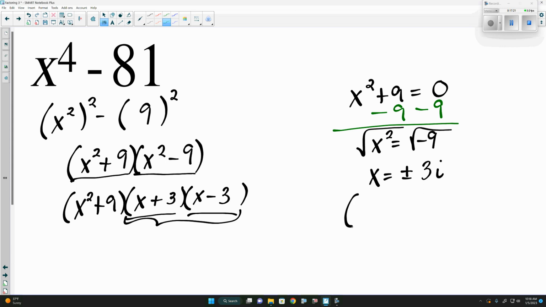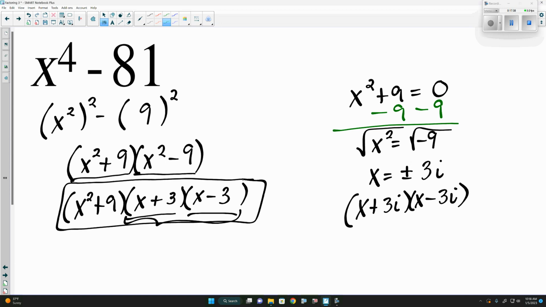It would be different, so it would be x plus 3i times x minus 3i if we were to factor it. But to get there, we almost have to solve it and then go back to the factors. So that's why it doesn't work with plus. The sum of 2 squares doesn't work because we can't take the square root of a negative. So that's as far as we can take it.